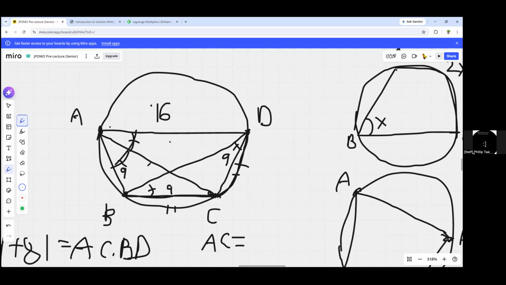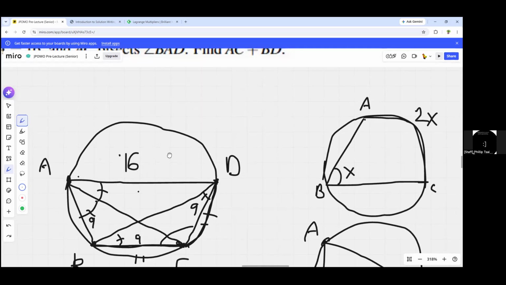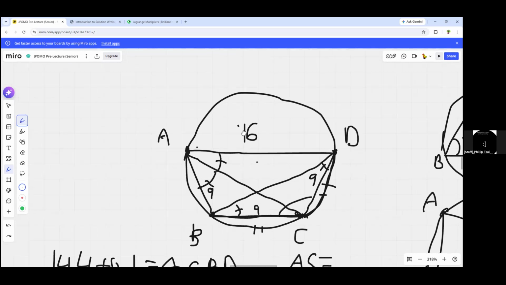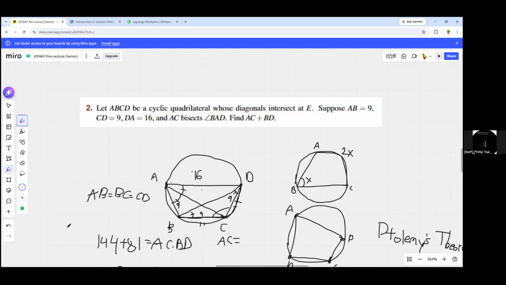this angle here is equal to this angle here by some angle chasing with arcs, but also we can see that since AB is equal to BC equal to CD, which is equal to 9, and we know that angle CAB is equal to angle BCA, which is equal to angle DBC, which is equal to angle BDC.